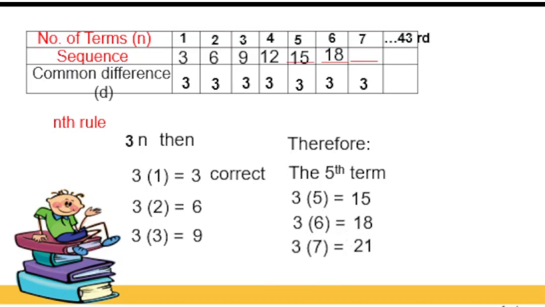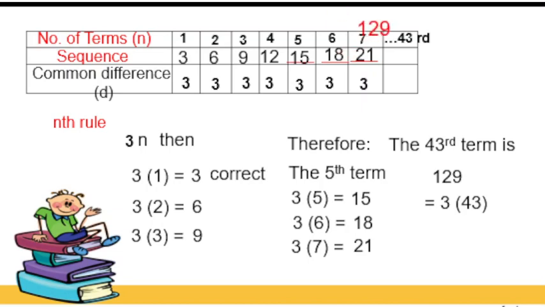Since we're looking for the 43rd, just multiply 3 by 43 to get the 43rd term in the sequence. So the 43rd is 129. Why is it 129? We multiply 3 by 43: 3 times 3 is 9, and 3 times 4 is 12. That's why the 43rd term is 129.